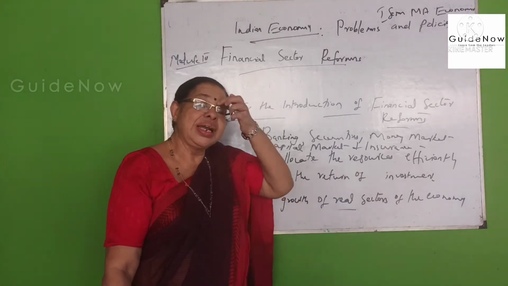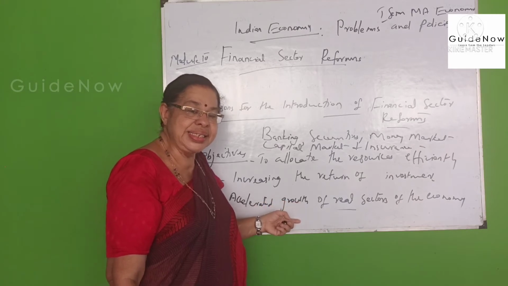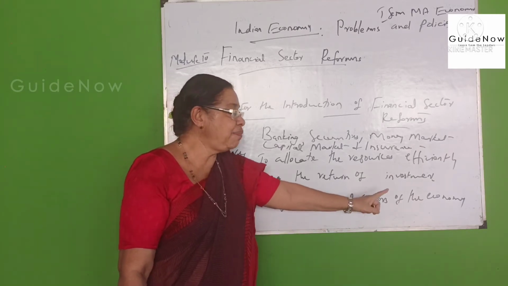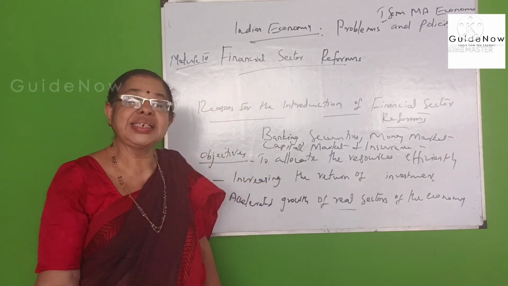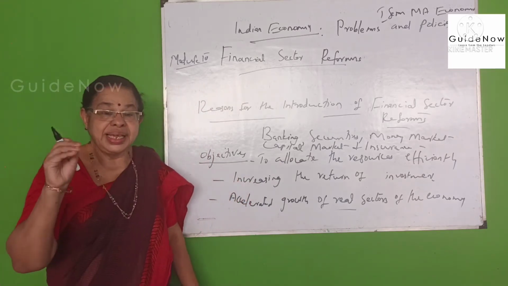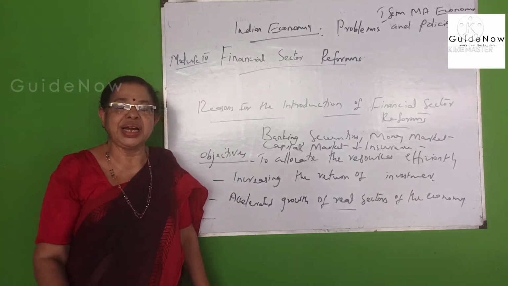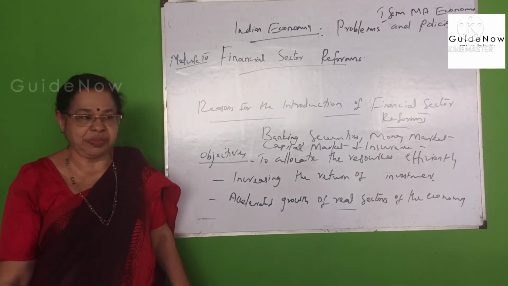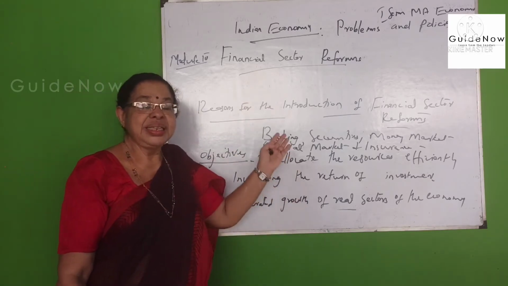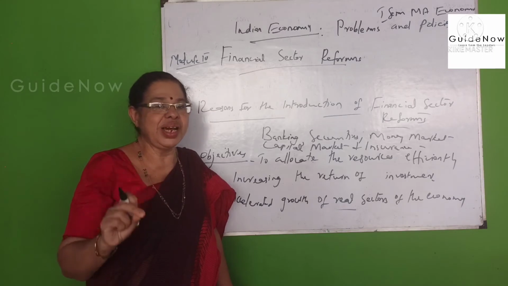Accelerate means to increase, so increasing the growth of GDP, the national income of the economy. If we increase our GDP, automatically we move along the path of economic growth or development.